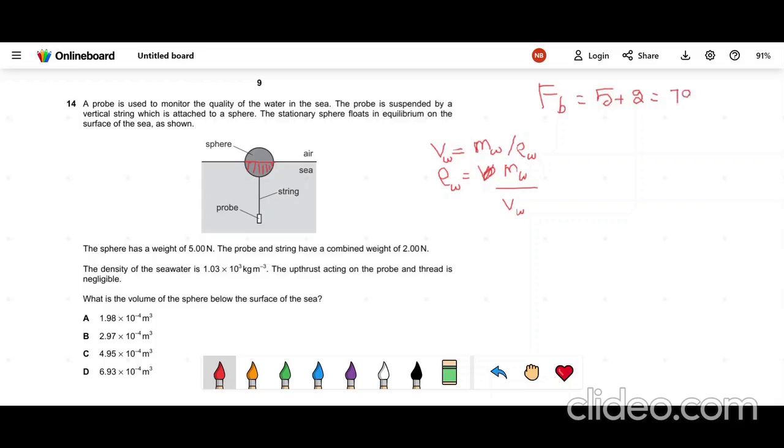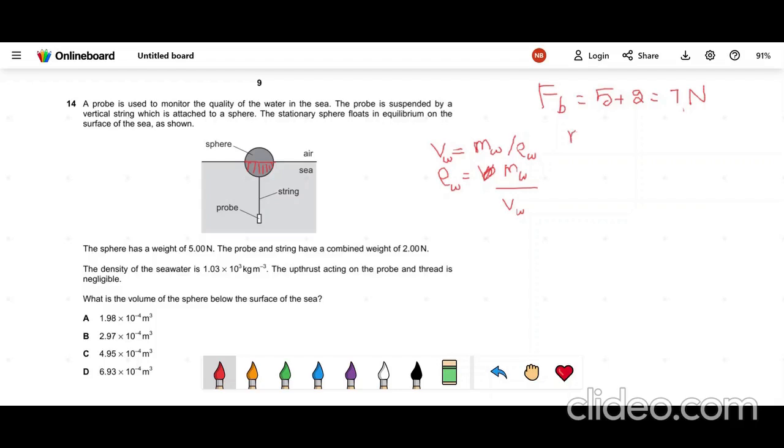So the buoyancy force will be equal and opposite to the force exerted by the sphere and the string because of gravity. So it will be 7 Newton. It's not 7g, it's 7 Newton. This is the force that has been exerted.